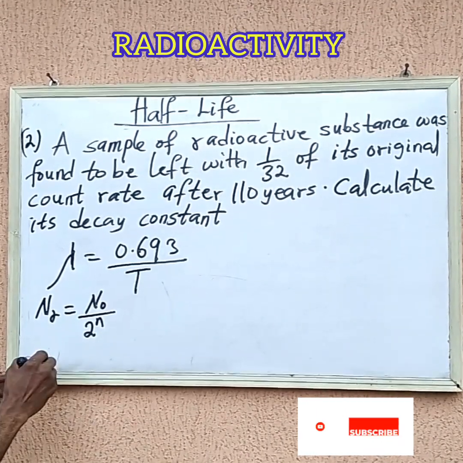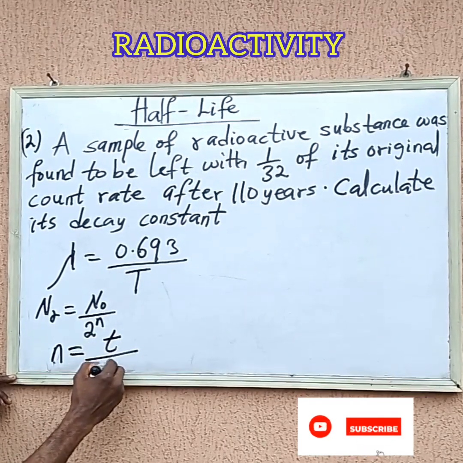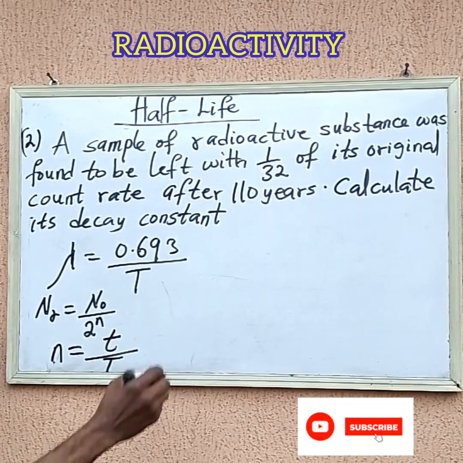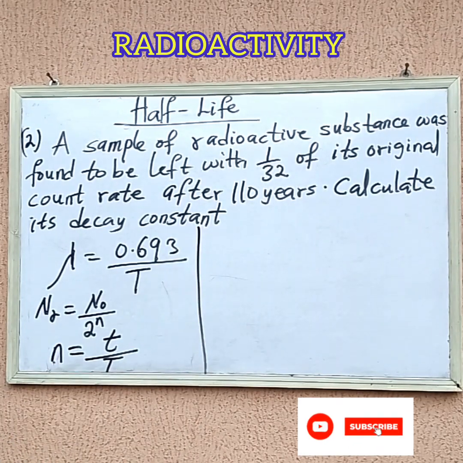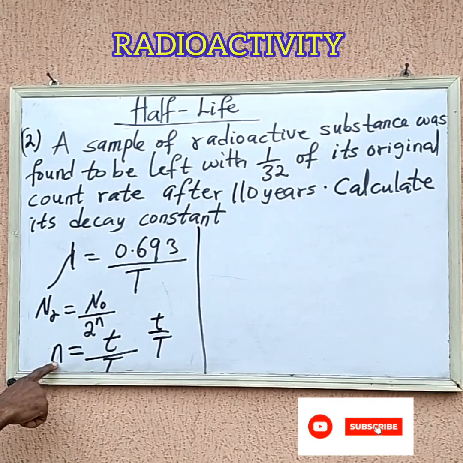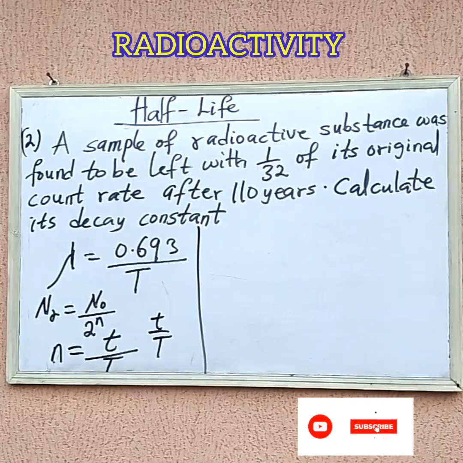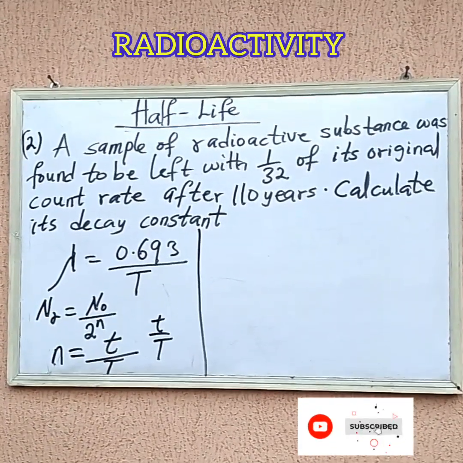This n is equal to small letter t all over the capital letter T, and this capital letter T represents the half-life. So once we are able to get our n, then we get our half-life, then we come back here and plug it into this formula, then we get our answer.